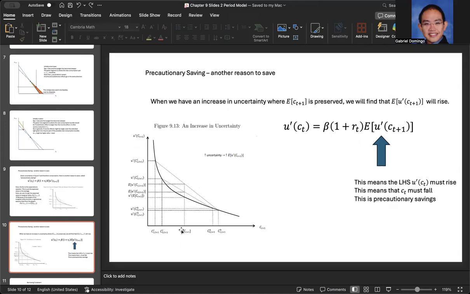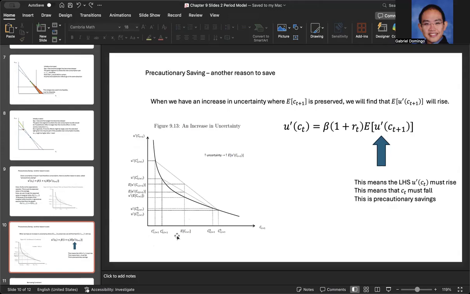So here below, you have a mean preserving increase in uncertainty in consumption. So before it's C0H, C0L, the average is expected CT. But now your high consumption is higher and your low consumption is lower, but because the high went up by the same amount that low went down, your average is still the same.